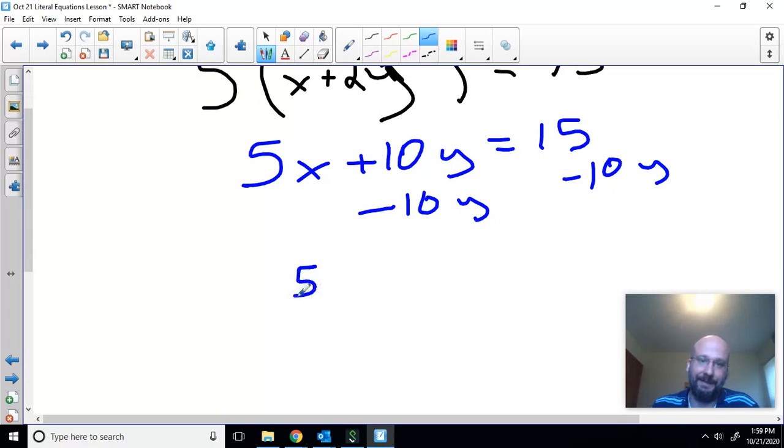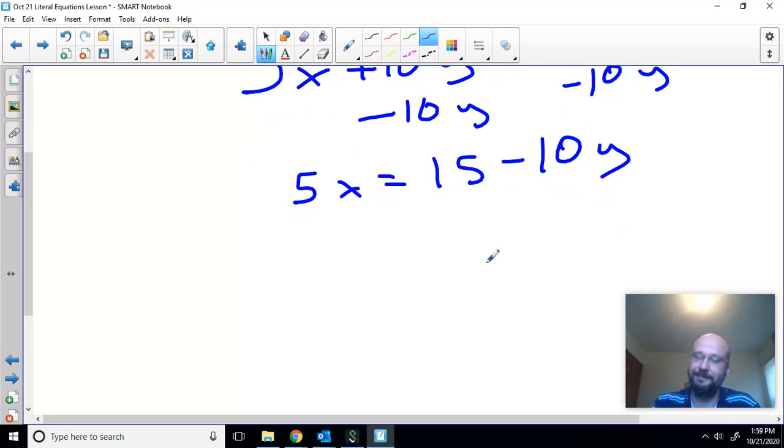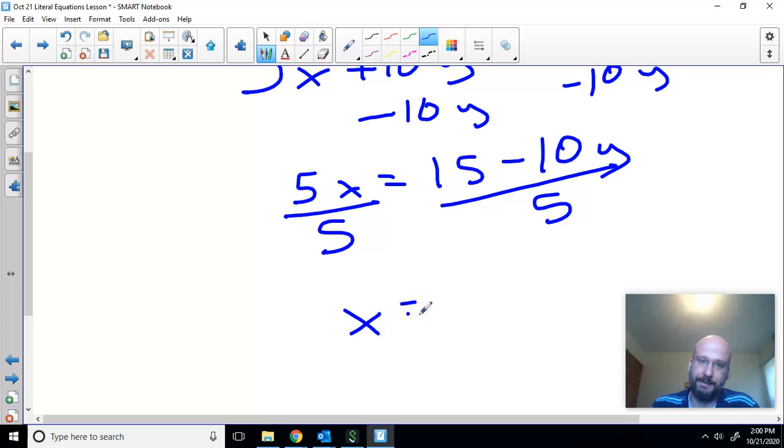Now that gives me 5x equals 15 minus 10y, because I can't combine them, because this has a letter and this doesn't. And now to get x by itself, this is multiplication, so I have to divide by everything. x equals 15 minus 10y all over 5.